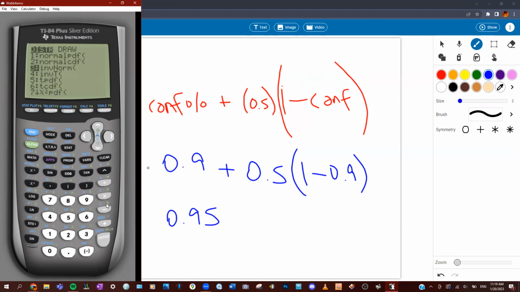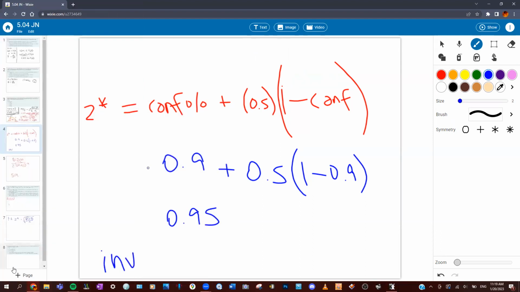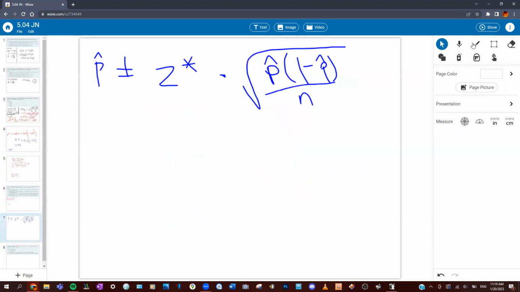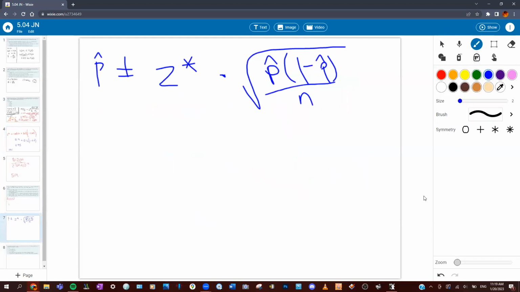Inverse norm of 0.95, or so 1.64. So we're going to do, remember our p hat was this. We're adding or subtracting to this, and it was 1.64.